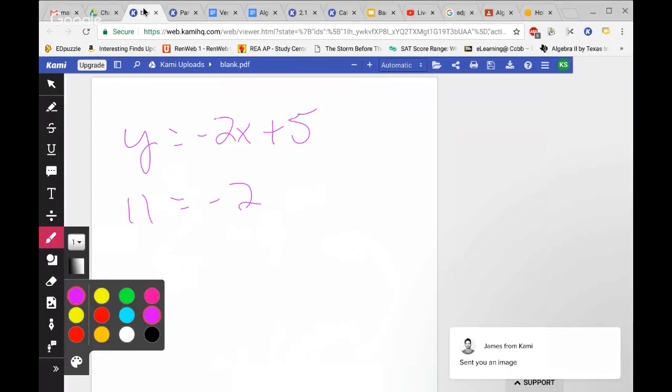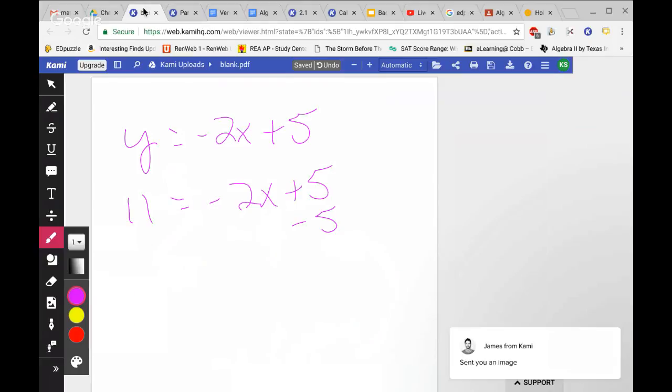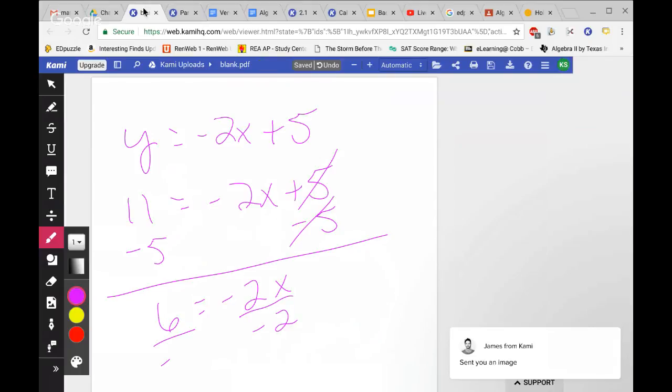So you would plug in your 11 and subtract 5 from both sides. And then divide both sides. Does it bother y'all when the variable's on the right? Not really. Yeah, I probably should have written it the other way.